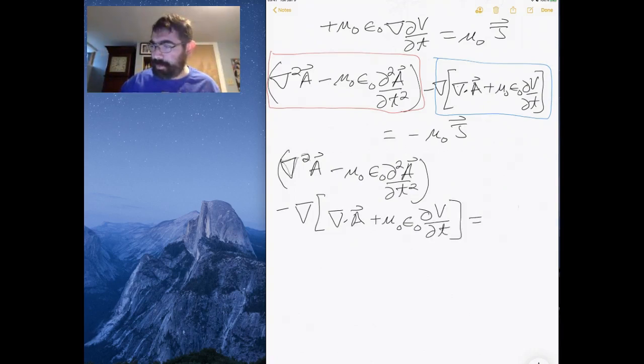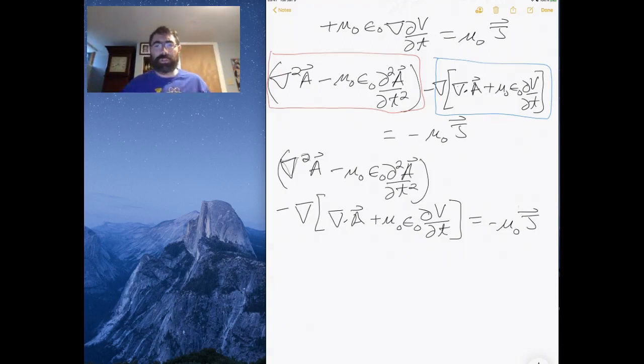And all of that is now equal to minus mu0, the free current. Okay, so that's it. So now what we can do is, we've got basically a second order differential part, another kind of first order derivative part, which then you have to take the gradient of, and then you're home free.